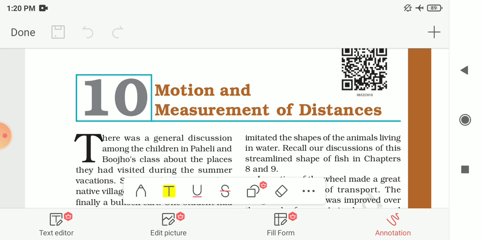Then we had seen that in ancient times people used the length of a footstep, the length of a handspan, that means the distance between the tip of the thumb and the little finger, and the distance of a step as the units of measurement. This caused confusion and there was a need to develop a uniform system of measurement. So now the standard uniform system for measurement is there.